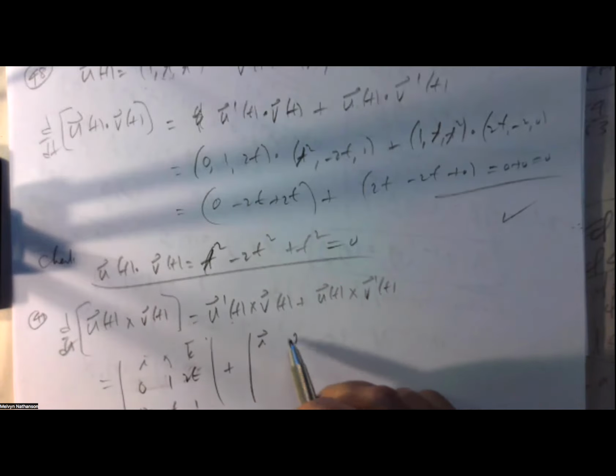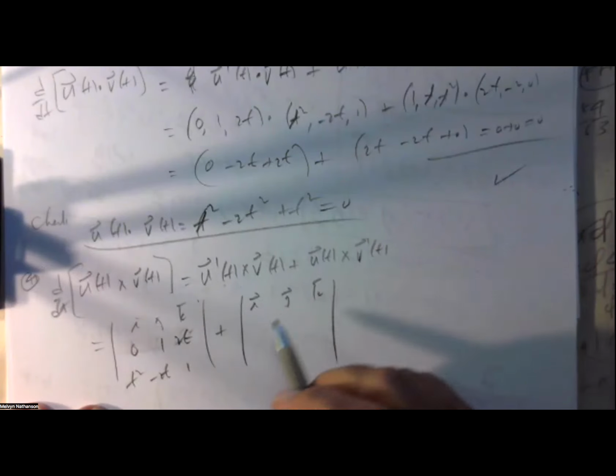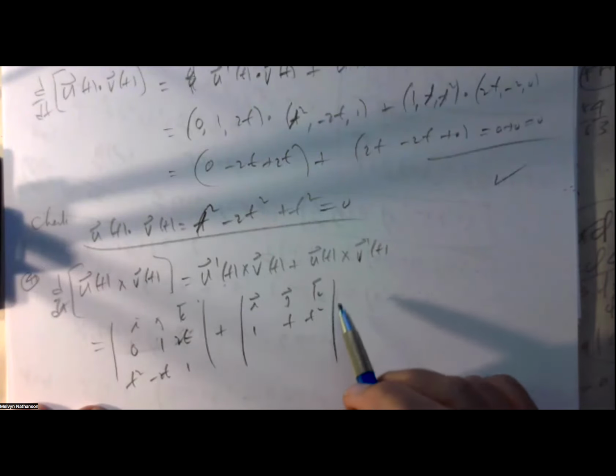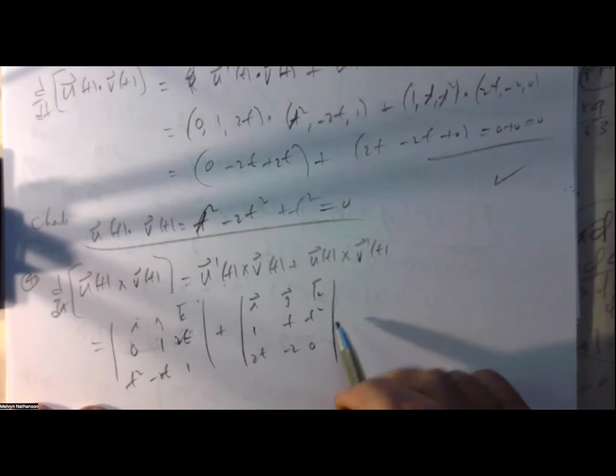Plus the cross product of u and v prime. u again is 1, t, t squared. v, when we differentiate it, is 2t, minus 2, 0.